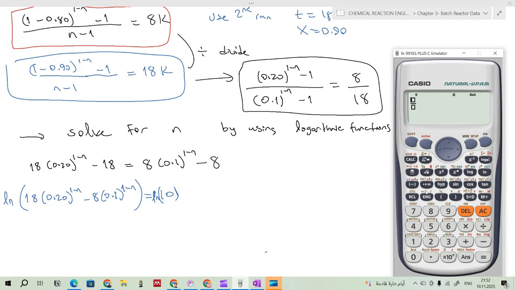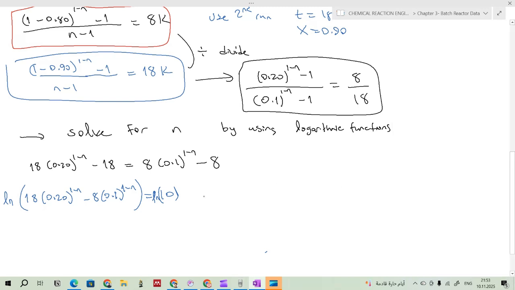So it will be 0.2 to the power 1 minus x, minus 1, over 0.1 to the power 1 minus x, minus 1, is equal to 8 over 18. Shift solve, and let's put 1 as an estimation. So we get 2. Okay, that's good. Solve for n, we get n is equal to 2.